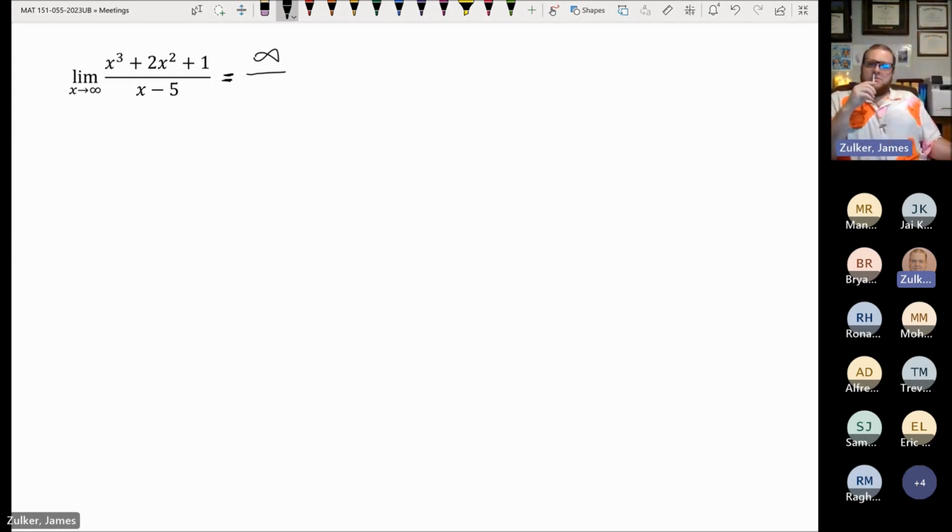So let's say the numerator is infinitely large. Now, what about the denominator? Take an extremely large number and subtract 5. So let's say you have $40 trillion in the bank. You go out and you make a $5 debit purchase. Do you even notice it in your bank?